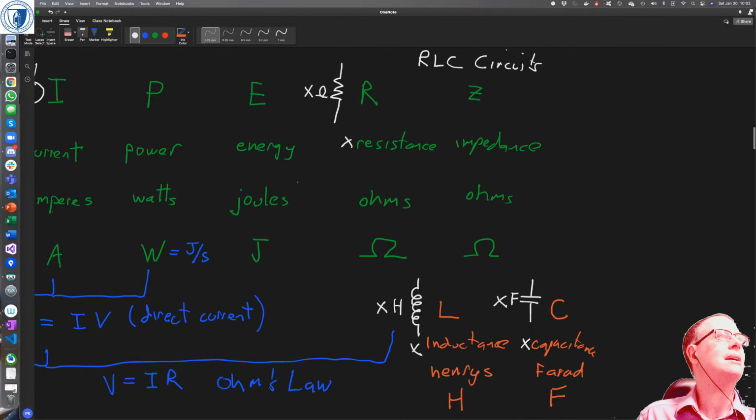Right, there we go. I can scroll it across a bit better so you can read it. You're welcome. Okay. So that's a quick overview of the stuff we've got to learn about.